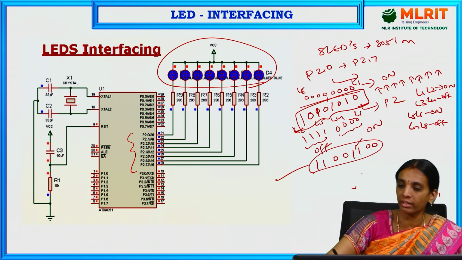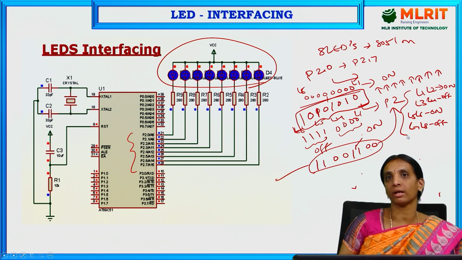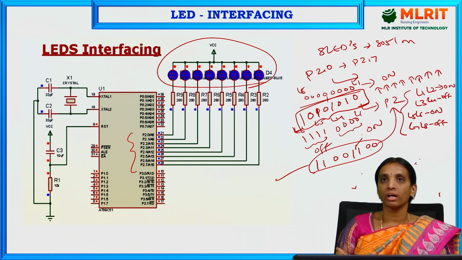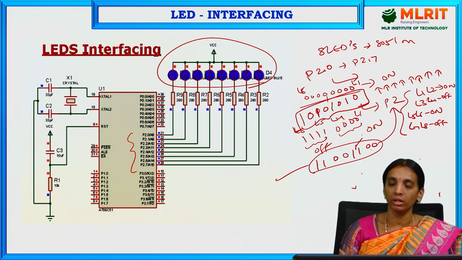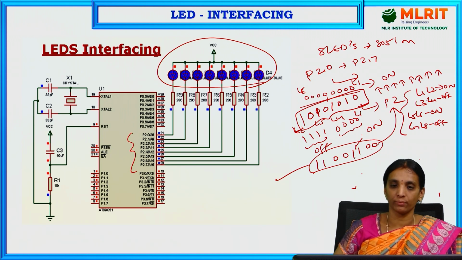This is the pattern given to port 2 for enabling our required pattern. In this way we can give our required pattern in our programming to enable different LEDs in different patterns.